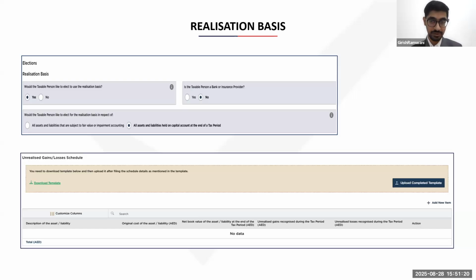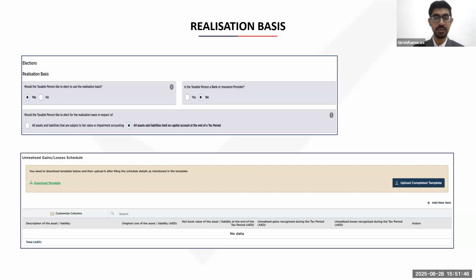After making that selection, in the subsequent parts of the corporate tax return, there will be a realization basis schedule that you need to fill, the unrealized gains and losses schedule. Over here, you will have to provide the details of the asset or liability on which the unrealized gain or loss has accrued, the net book value, and the amount of unrealized gain or loss which has been recognized.